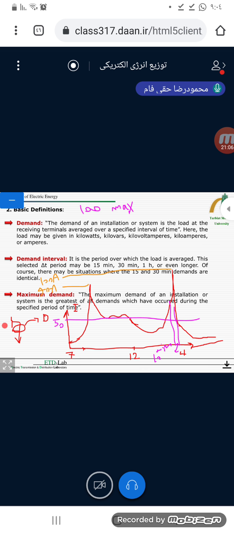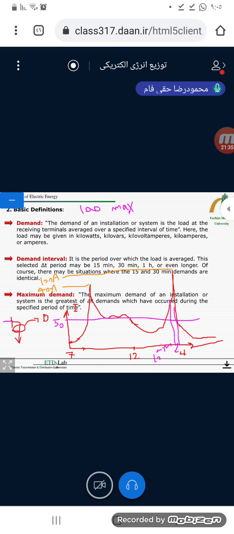The factory would need to buy 100 amperes as demand from the electrical distribution utility of Basra, but the 100 duration is only for 10 minutes, for 5 minutes, okay? No problem.